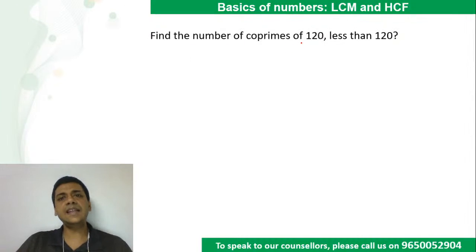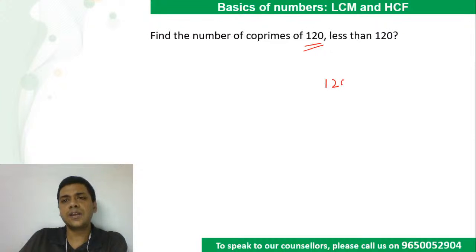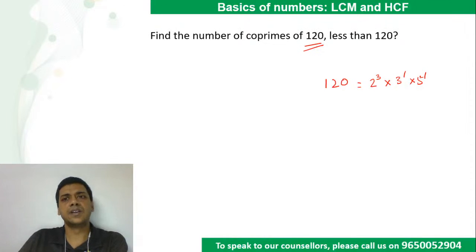So, can I say any number which is co-prime with 120 will not have any factor of 120? Now, what is 120? 120 is 2 raised to power 3 into 3 raised to power 1 into 5 raised to power 1.